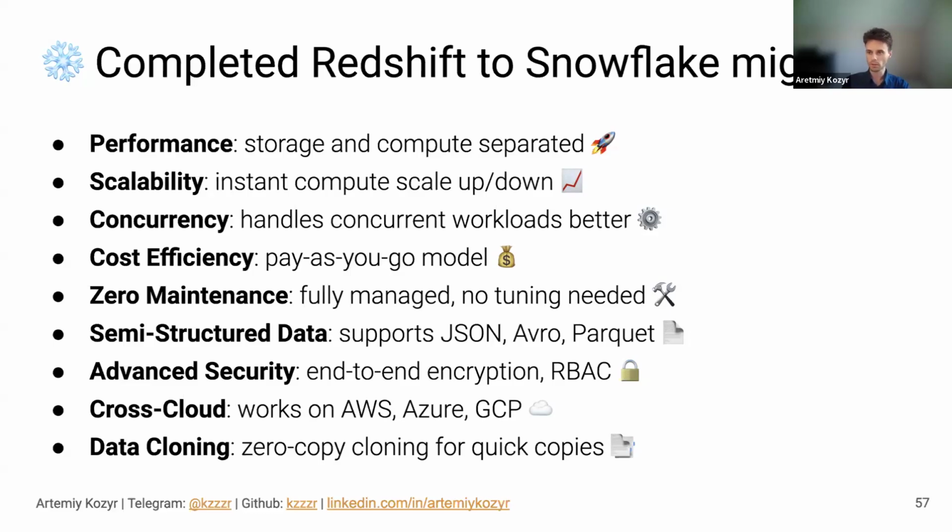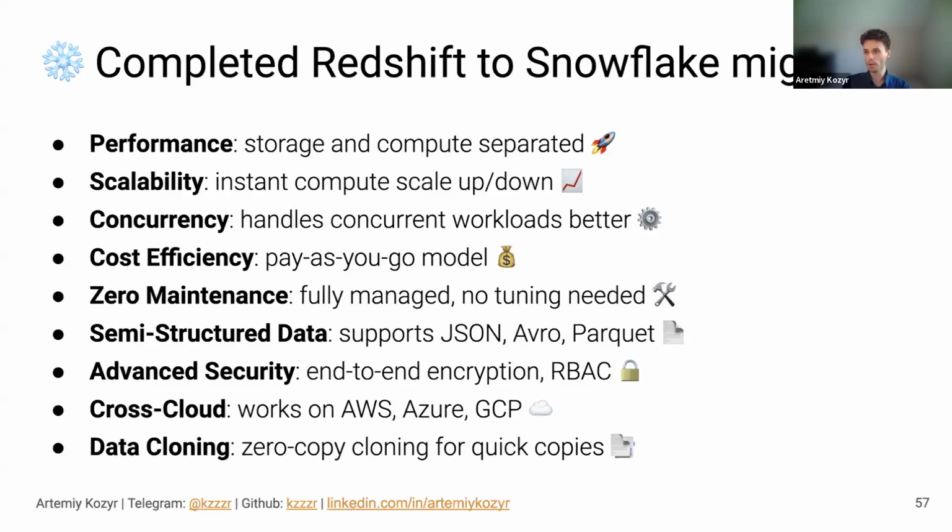Every sort of performance task or job is done with its own virtual warehouse. Then it results in concurrency that is just unlimited, so it handles workloads really, really well.